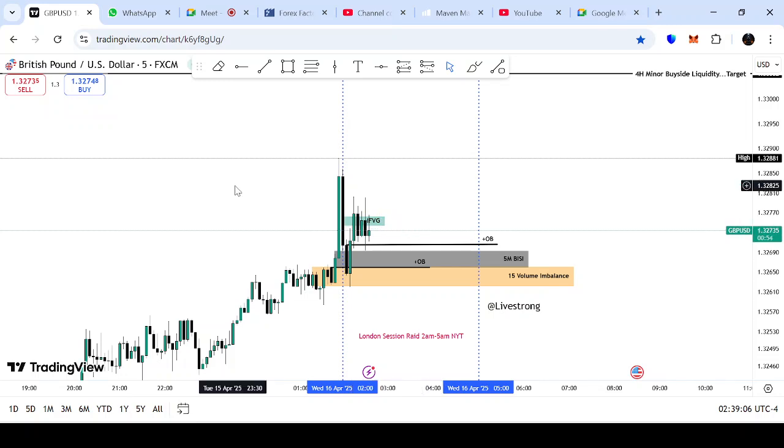On 5 minutes, each candle will open and close within 5 minutes time, so it's not something you will rush. You have to wait for it to play out.